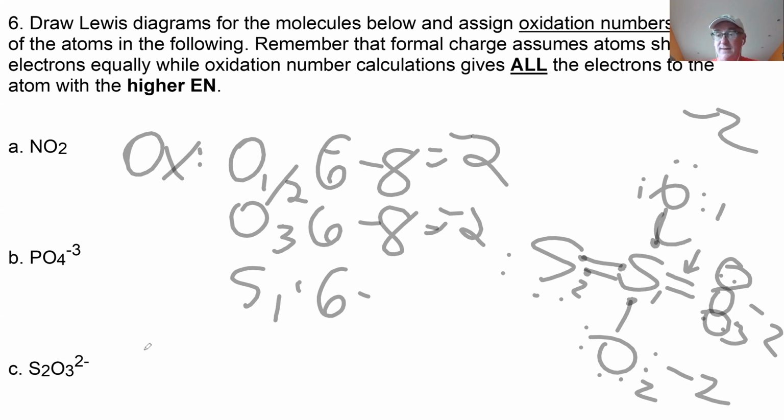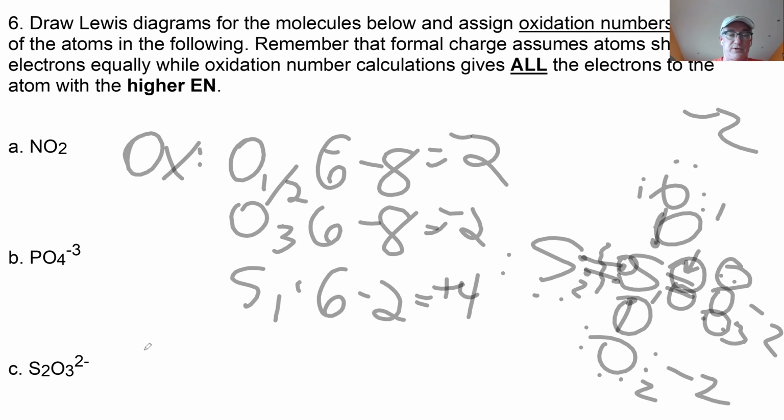So these 2 bonds and this bond, it doesn't get to keep any of them. But since it has the same electronegativity as the other sulfur, we can just split this one down the middle. It gets to keep that one and that one. So it actually has 2, so its oxidation number is +4.